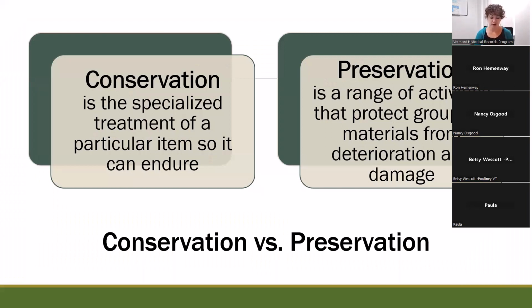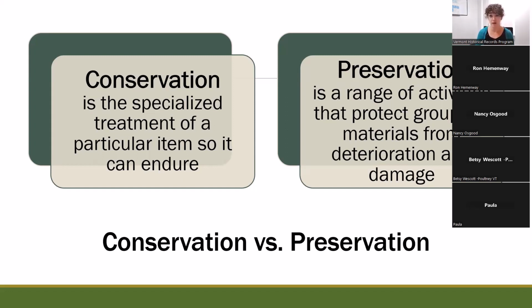But conservation is also not the same as preservation. Preservation is the broad action of generally protecting your historical materials from deterioration and from damage. But conservation is specific, specialized, hands-on treatment to stabilize a particular item. So preservation is the general protection of materials through many different activities, which is everything that we've talked about today so far.